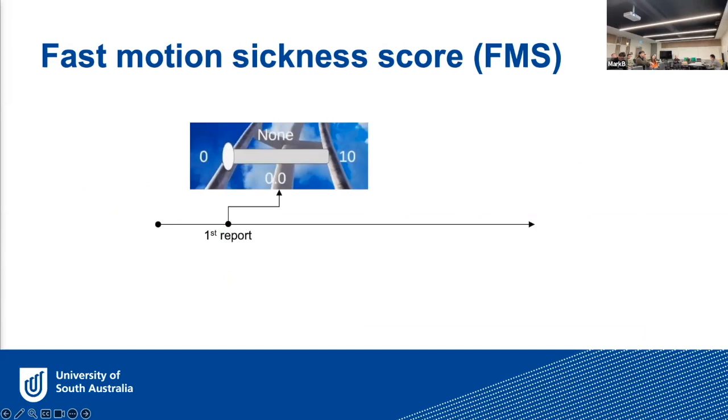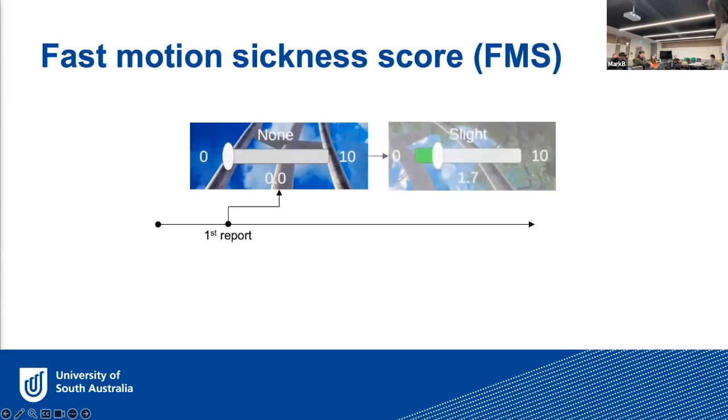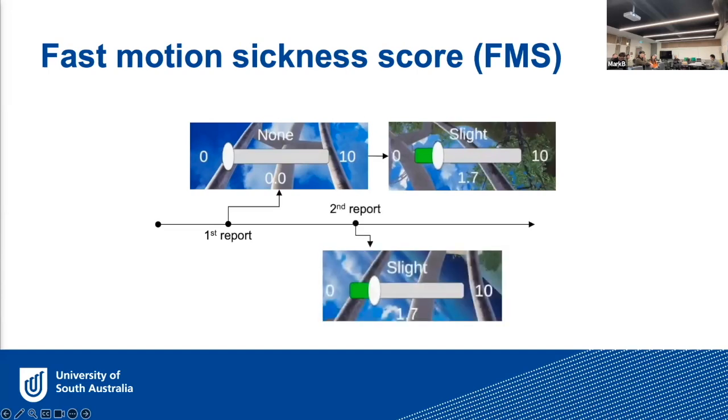And also, what we applied in here is, the first report usually starts from 0, but the person ended up with their sickness level at 1.7. Then the second report will start from the previous number they responded.